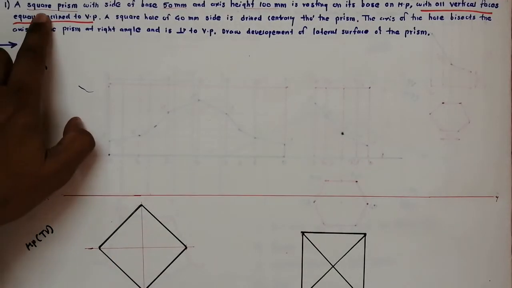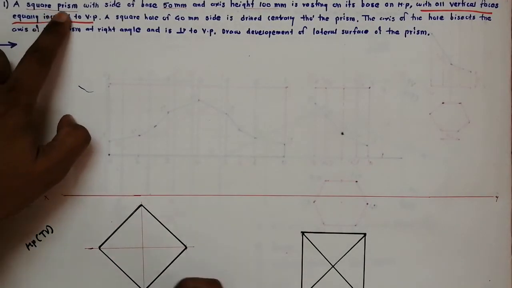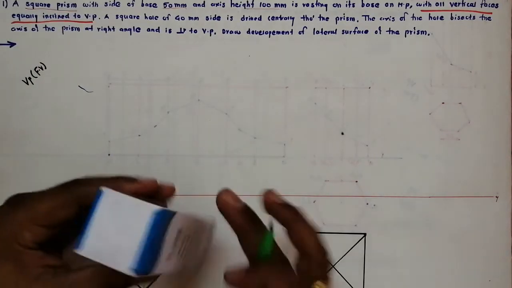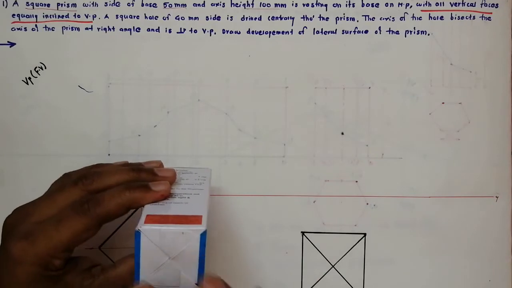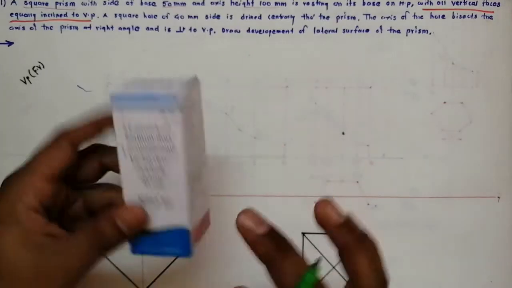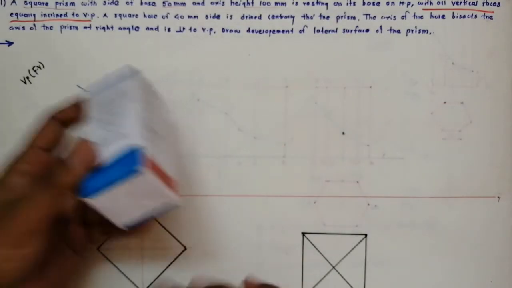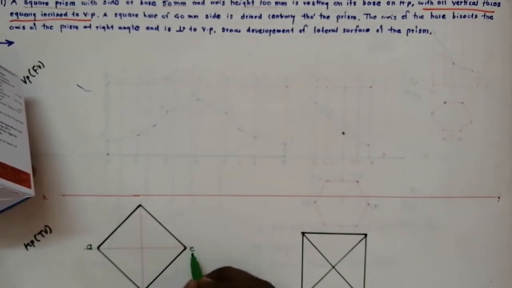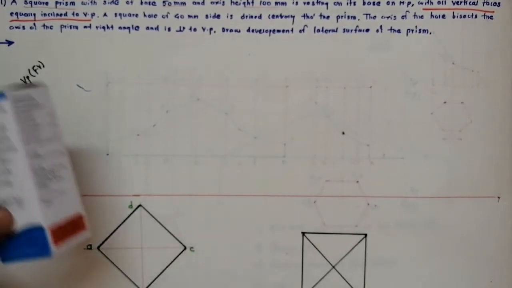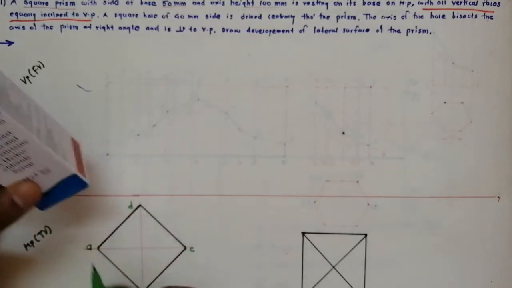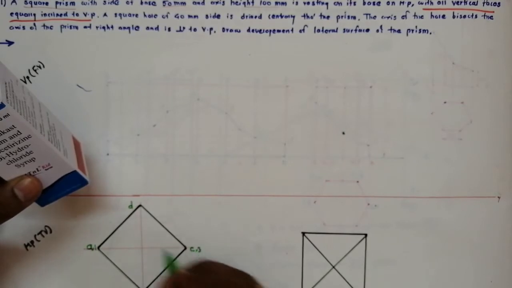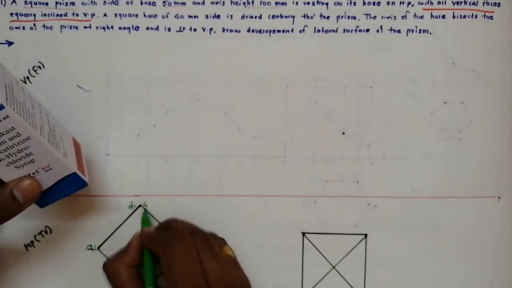Now since this is a prism, whenever there is a prism, we have to name it twice, because it is having two squares, one at the bottom and another at the top. So for this square, we'll take the nomenclature as A, B, C and D, and for top square we'll take the nomenclature as 1, 2, 3 and 4.